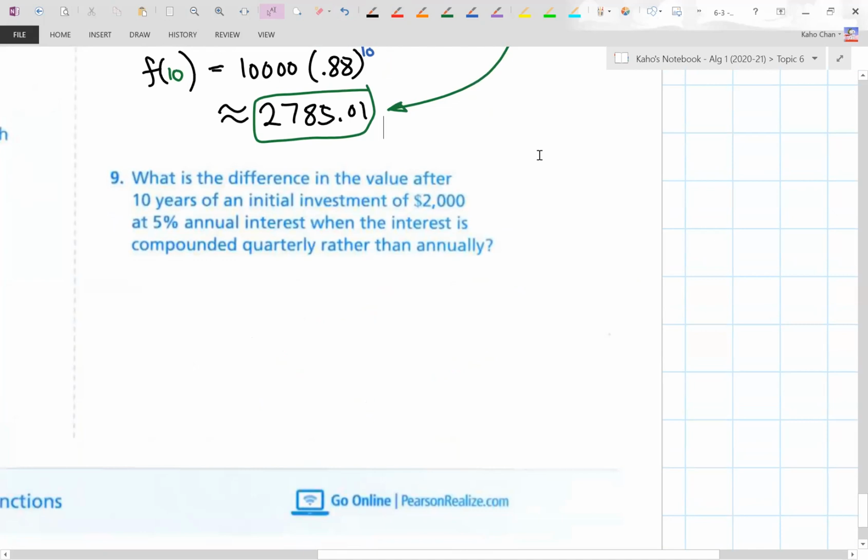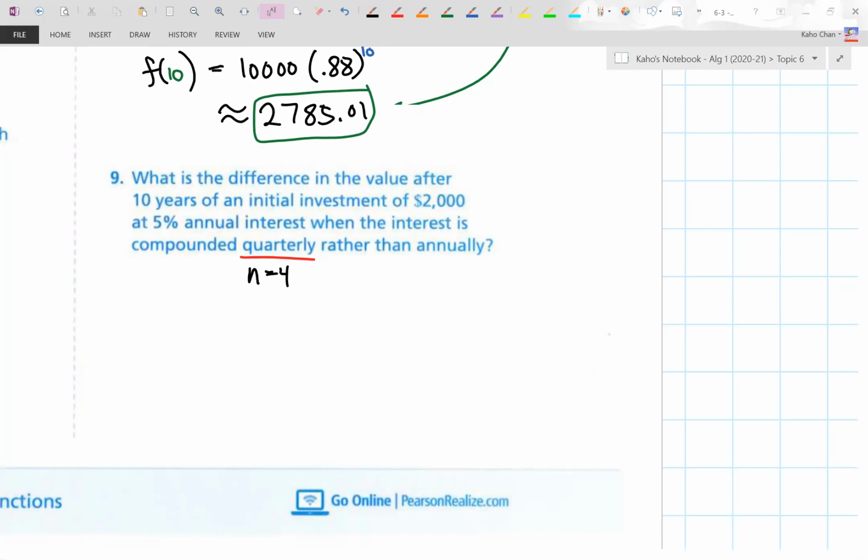What is the difference in the value after 10 years of an initial investment of $2,000 at 5% annual interest when the interest is compounded quarterly rather than annually. Quarterly is n equals 4. Annually is kind of boring. So I'm going to make that a different calculation. We'll call it weekly. We haven't heard weekly in a while.